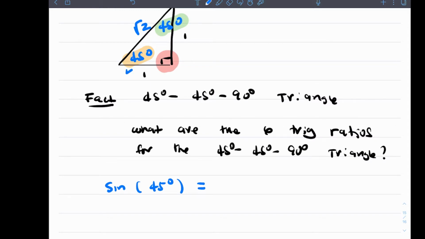Use this 45. What's the definition again? Opposite over hypotenuse. All right, you guys okay with that? Sine of 45 is 1 over the square root of 2. It's a numerical answer. Is that true? Do you guys agree with that?